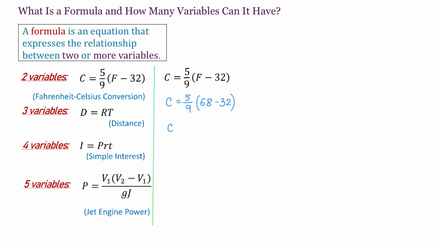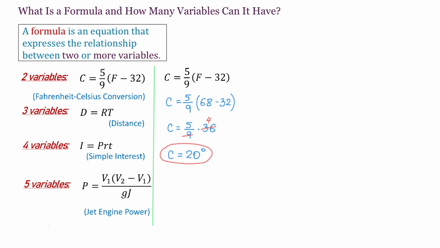Then 68 minus 32 is 36. So we will have 5/9 times 36. Then 36 divided by 9 is 4. And 5 times 4 is 20 degrees. So C equals 20 degrees.